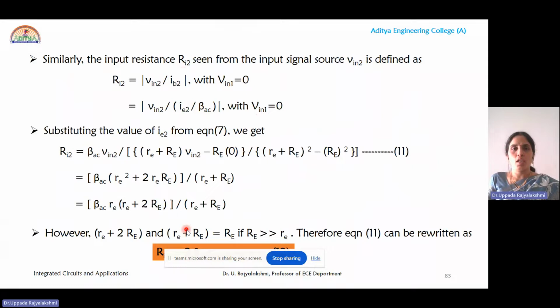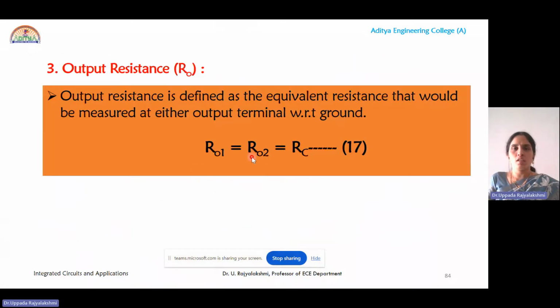So substitute IE2 and neglect small re in the numerator and denominator, and we have 2 capital RE in the numerator and capital RE in the denominator. So capital RE in the denominator and numerator gets cancelled, and you will get Ri2 the same as Ri1, which is equal to 2 into beta AC into re. And the output resistance Ro1 is nothing but the collector resistance. So Ro1 and Ro2 are equal to Rc.